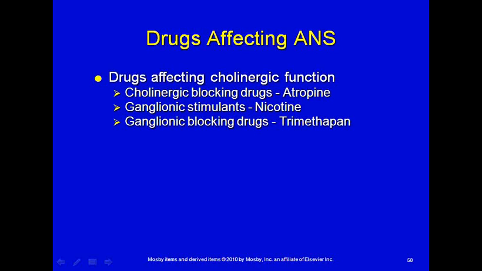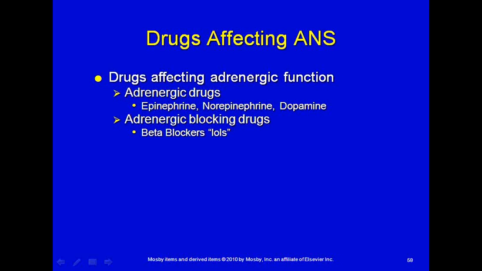The muscarinic receptors cause you to sludge, and the nicotinic receptors cause you to twitch, fasciculate, and cause muscle paralysis. So nicotine is a ganglionic stimulant. Ganglionic blocking drugs include trimethoprim as well.